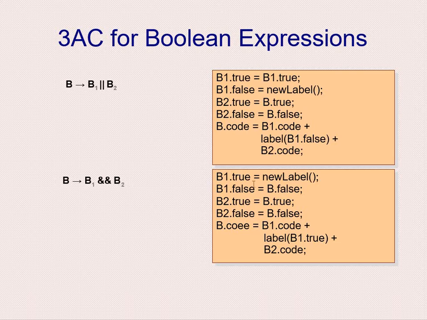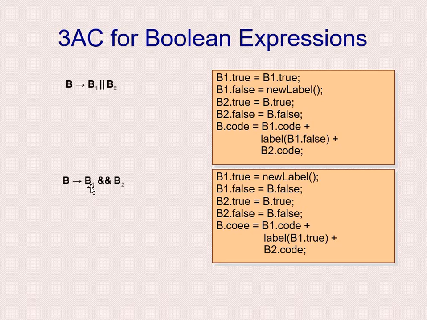So B1.true equals a new label, B1.false equals B.false, B2.true equals B.true, and B2.false is B.false. B.code will be B1.code plus label of B1.true plus B2.code. When finding the value of B, if B1 is true and B2 is true, then only B will be true.